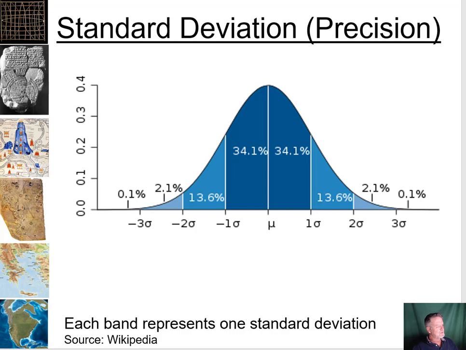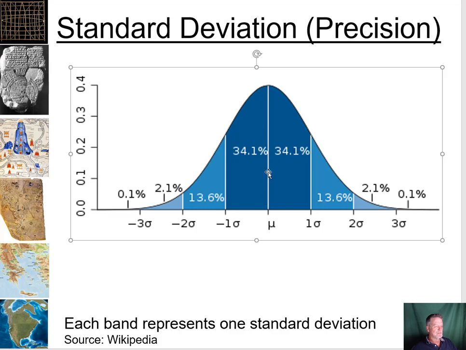A couple confusion points about standard deviation. We'll talk about 1 sigma, 1 standard deviation away from the mean. So this is the mean, 1 standard deviation, 2, 3. Often I ask students how much data is within 1 standard deviation, and some students will say 1/3. Well, actually, it's on both sides, right? So it's 2/3 that are within 1 standard deviation.